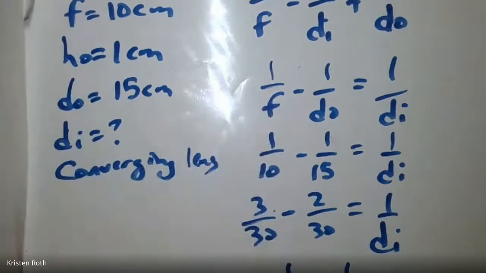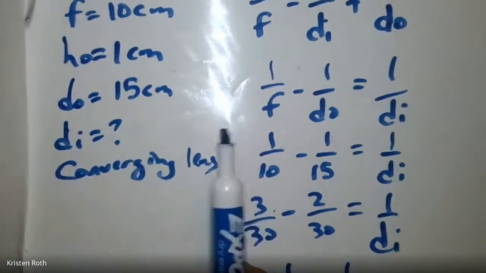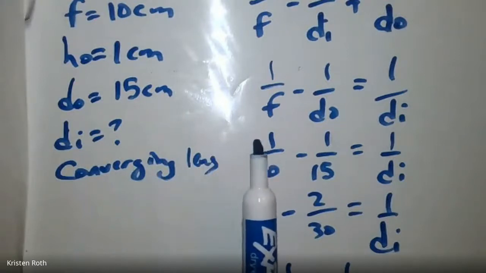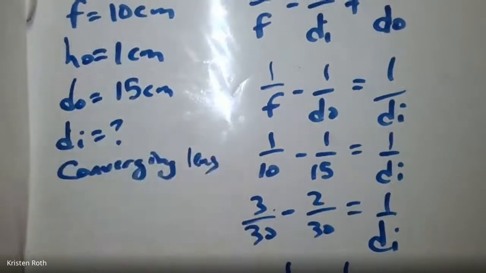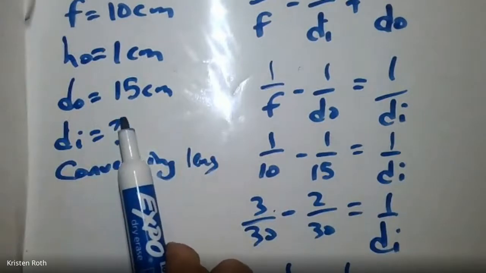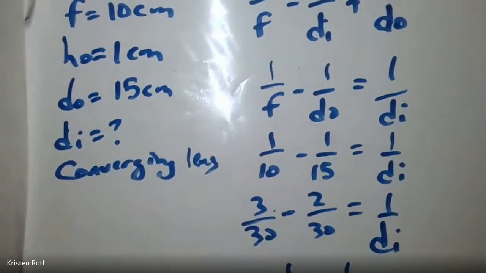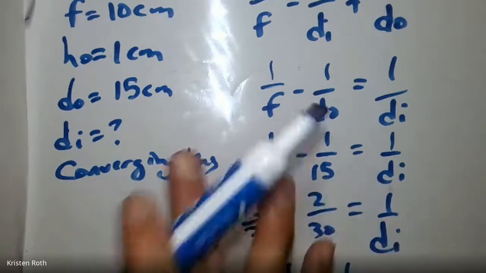Anything behind the focal length is going to give us a real image. Remember, it's when it's in front of the focal length, between the focal length and the lens, that we get those virtual images. So our object is behind the focal length, which means we're going to get a real image. Our answer is positive, which tells us it's a real image, and it's 30 centimeters away. So this makes sense.